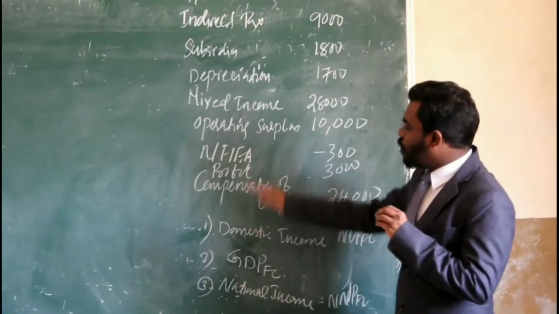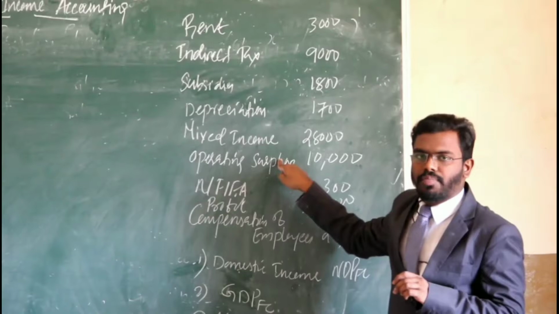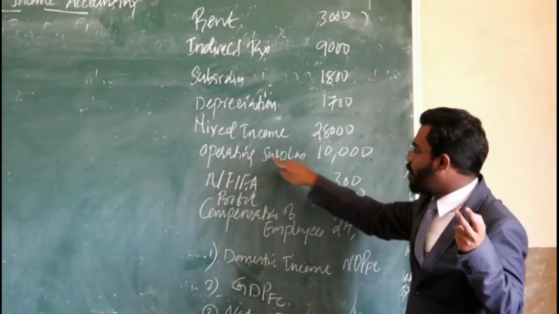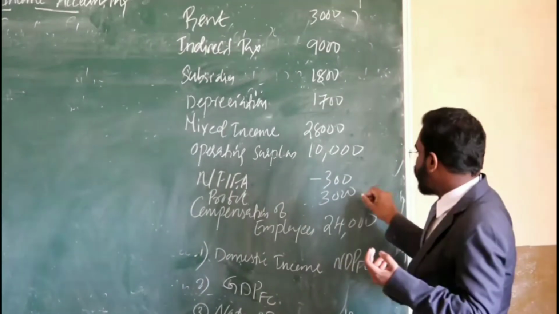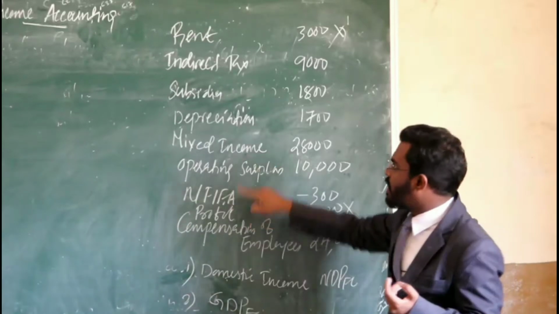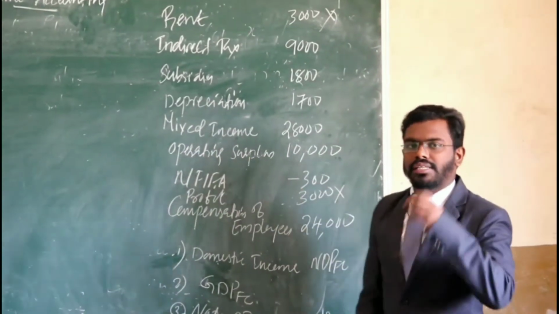We know that profit and rent are part of operating surplus. So while calculating national income or domestic income, if operating surplus is given, then there is no need to consider rent and profit, because rent and profit are already included in operating surplus.